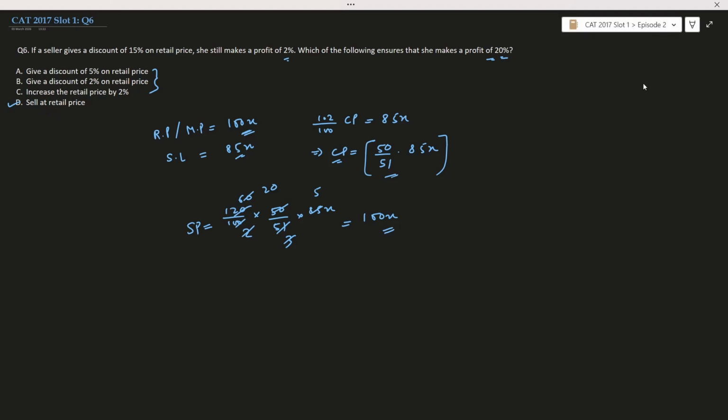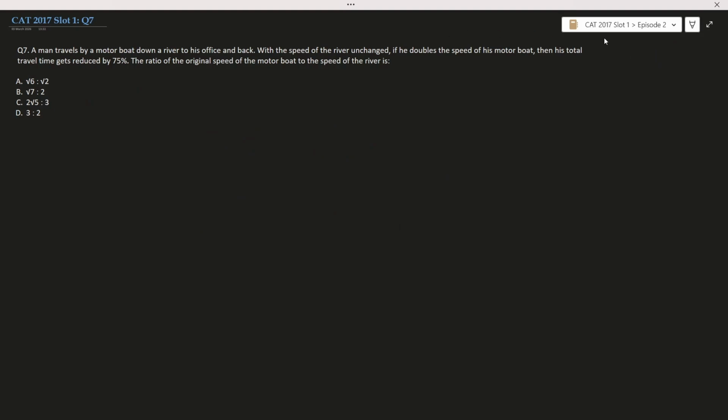Let's move on to the next question. A man travels by a motorboat down a river to his office and back, with the speed of the river unchanged.